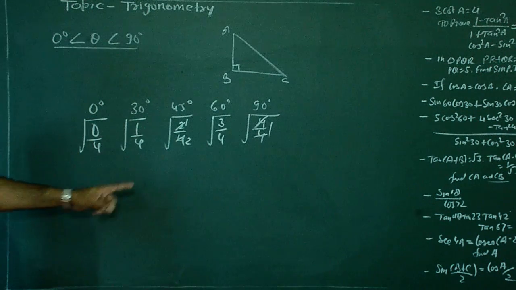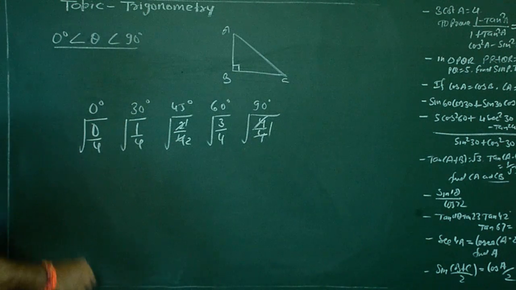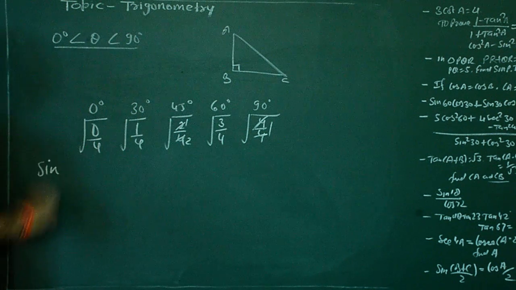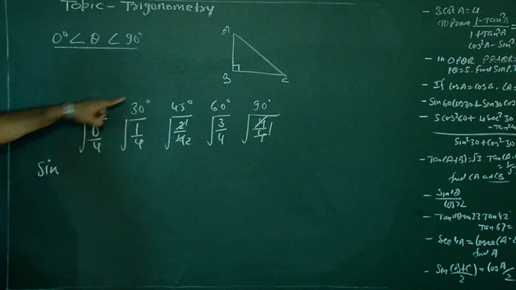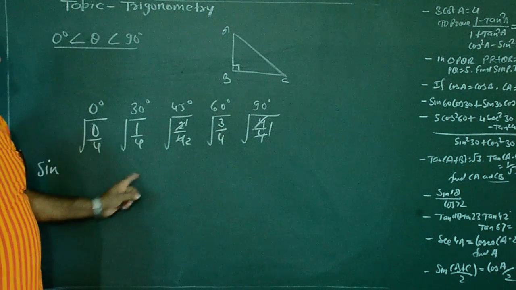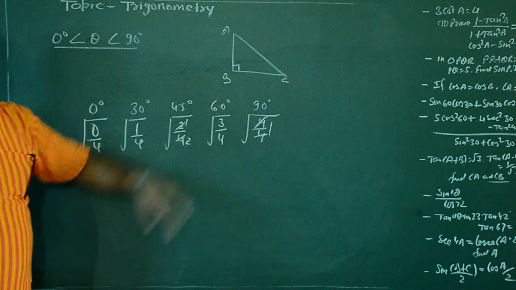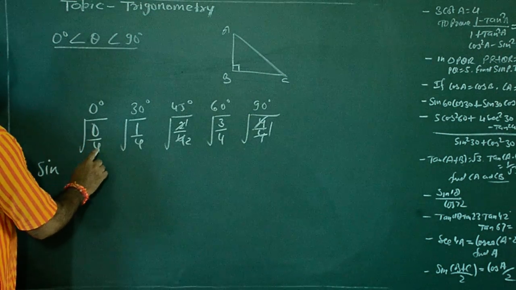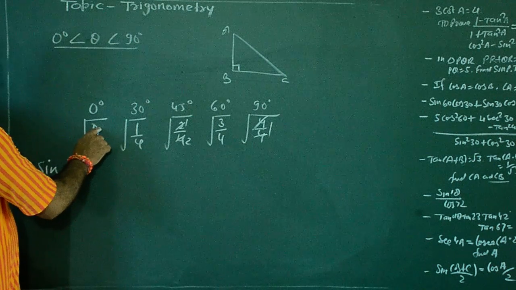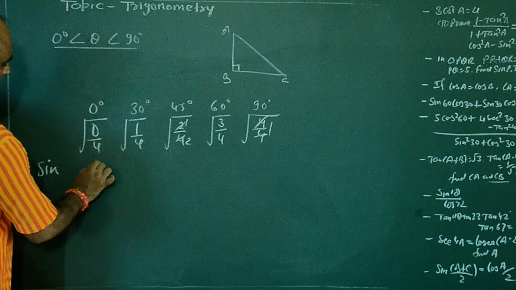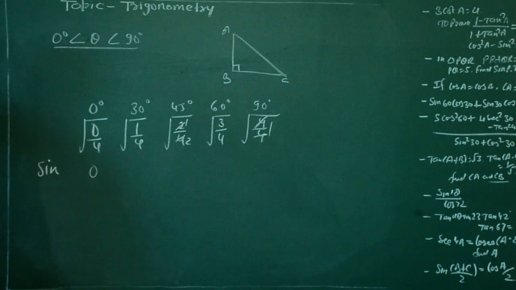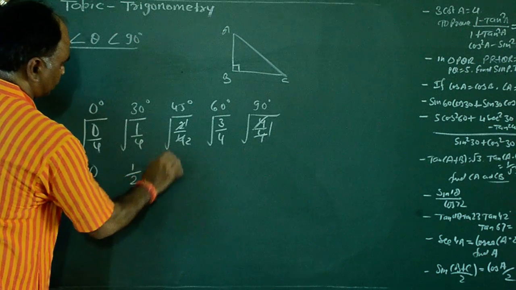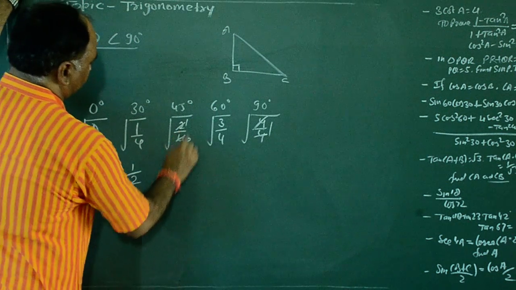And the value, what will you get here? That these are the values of sine 0 degree, sine 30 degree, sine 45 degree, sine 60 degree, sine 90 degree. Look here, 0 upon 4. If you will divide this, you will get 0 and square root of 0, that is 0. Square root of 1, you have got 1, and then square root of 4, 1 upon 2.